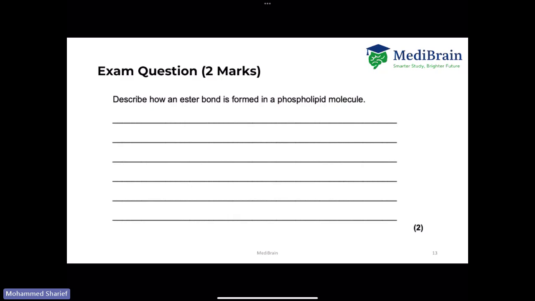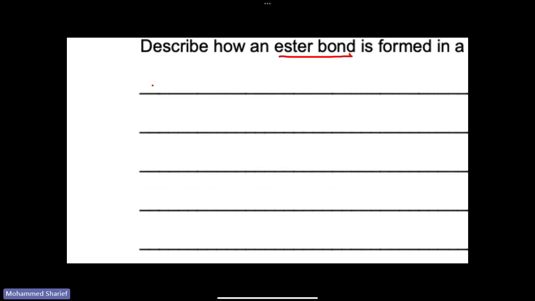Describe how an ester bond is formed in a phospholipid molecule. How is an ester bond formed? Whenever you're looking at this, you have to understand what points you need to know. We've already been given the point about ester bonds, so you need to state what's actually happening and where it is happening.